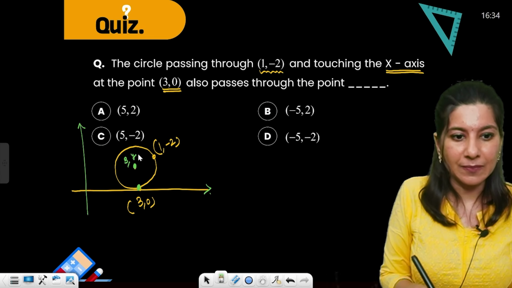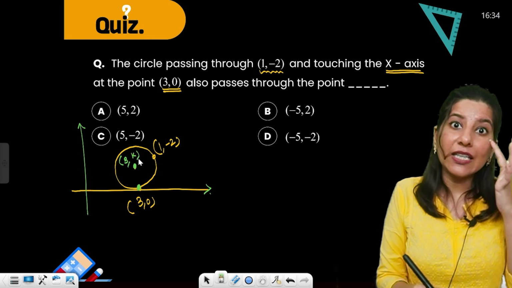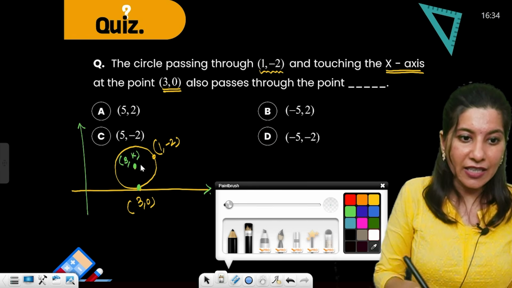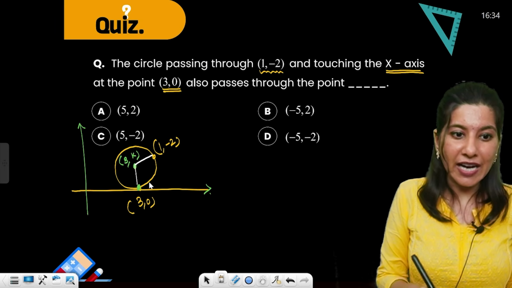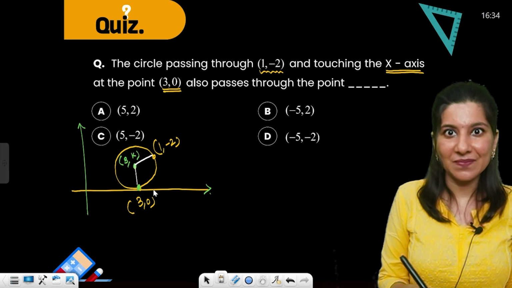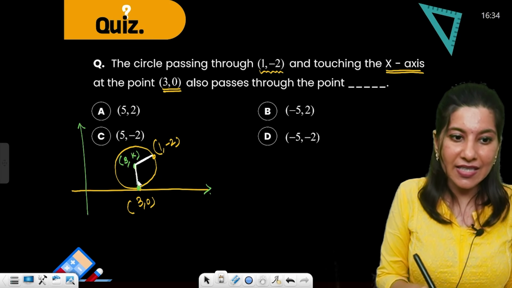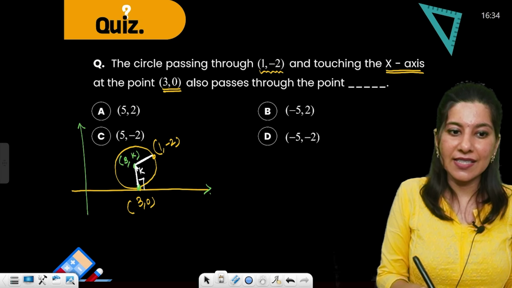Let's say (3, k). Now, the distance of (3, k) from (1, minus 2) and from (3, 0) will be the same. This distance is the y coordinate, so this is your k.